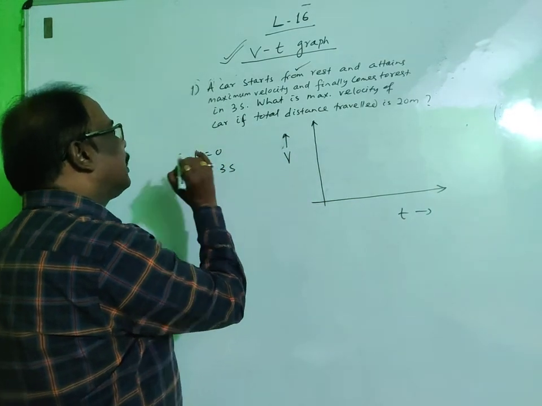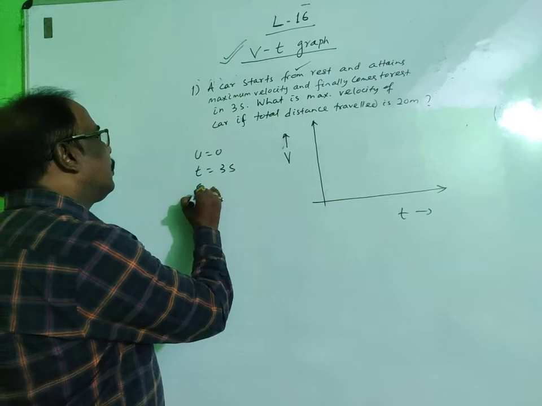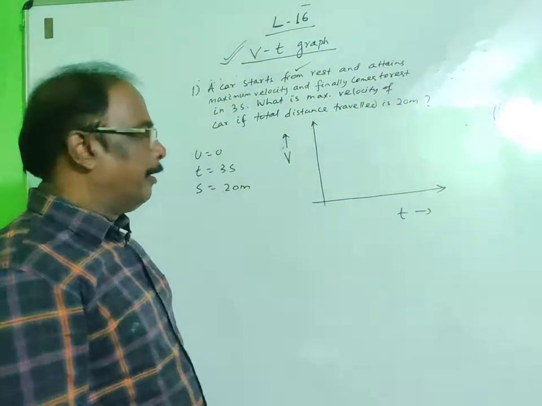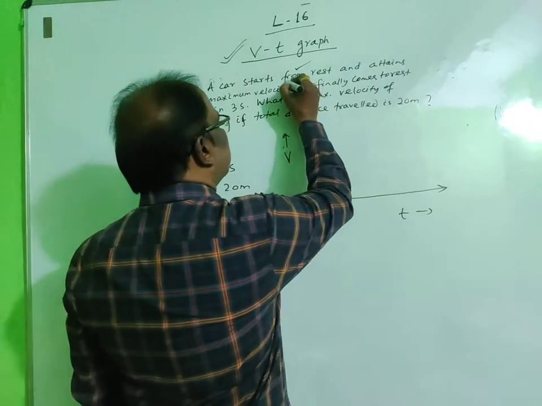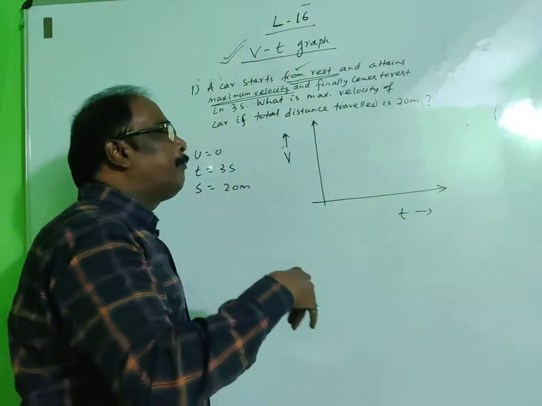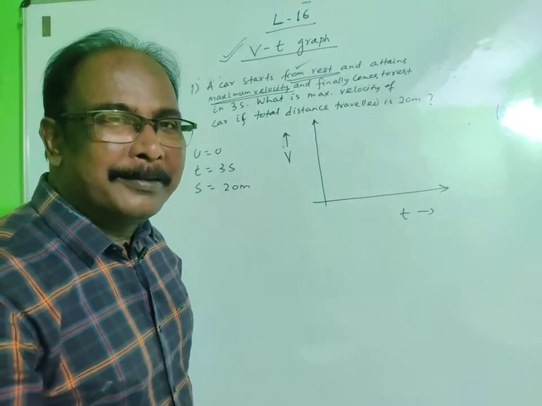The total time taken by the car is 3 seconds and the total distance is 20 meters, moving in a straight line. The car starts from rest and attains maximum velocity, so first the motion is accelerated.